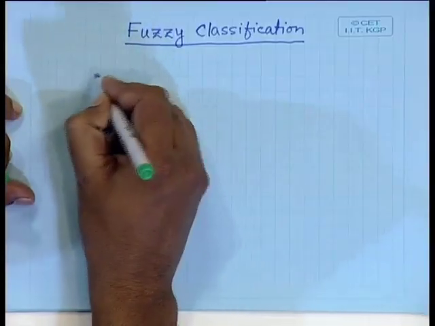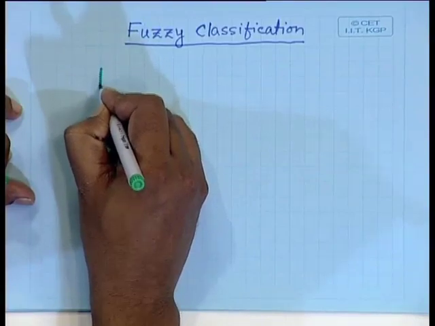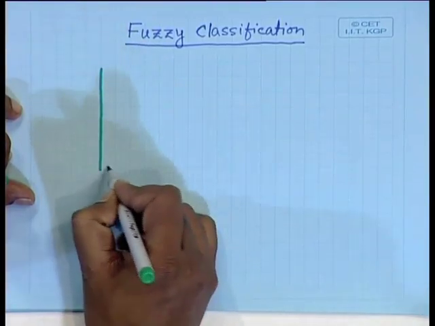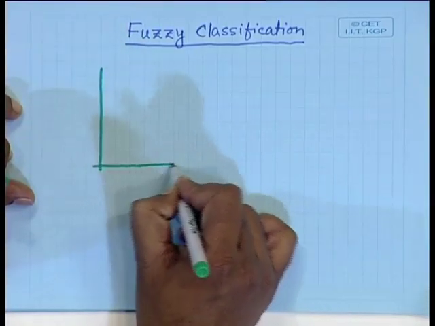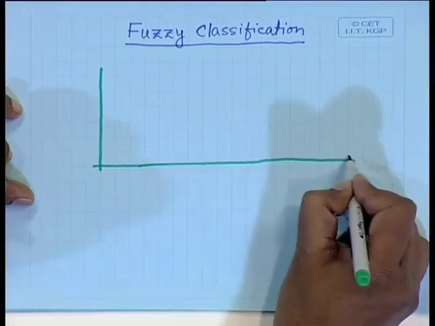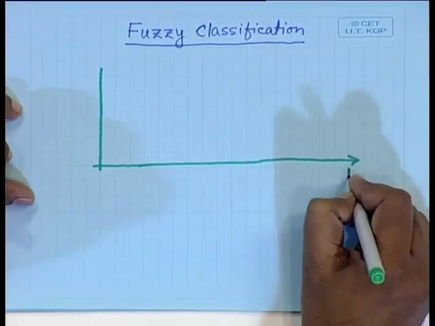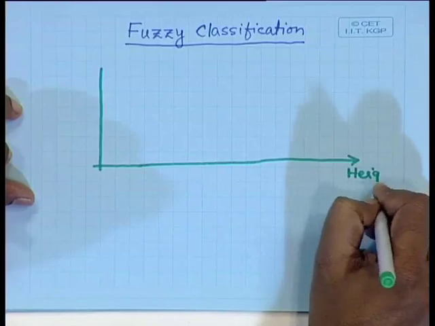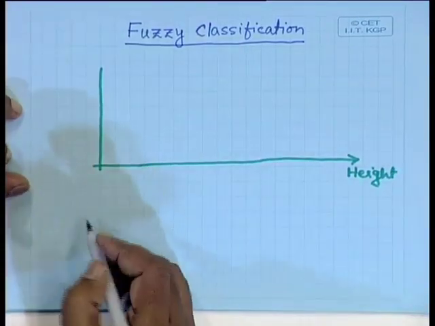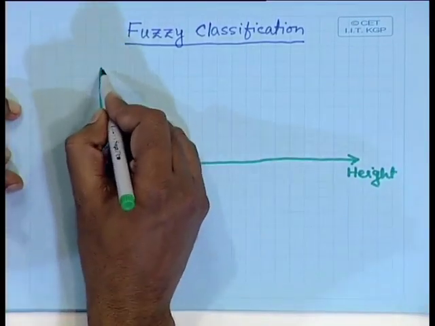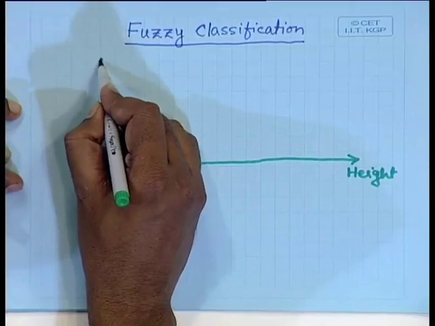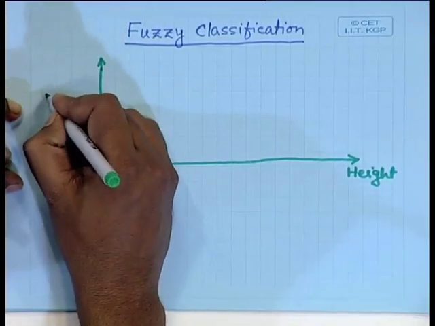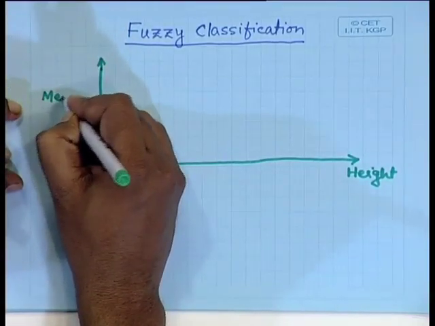So, if I put it something like this, on the horizontal axis I put the height of the person, and on the vertical axis I put the membership grade.